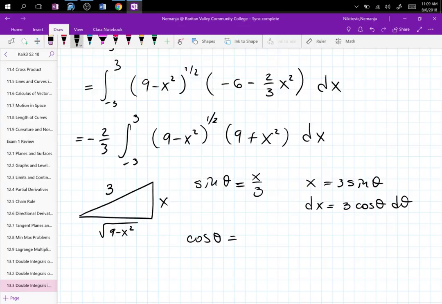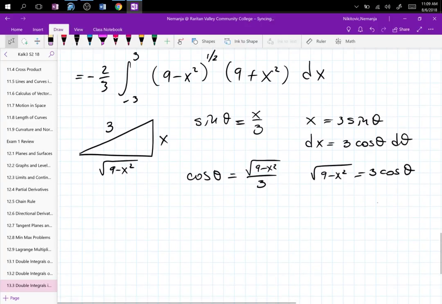Cosine theta is the square root of 9 minus x squared over 3. So the square root of 9 minus x squared is 3 cosine theta. Nice. So now all we need to do is plug this in and we're done, right?